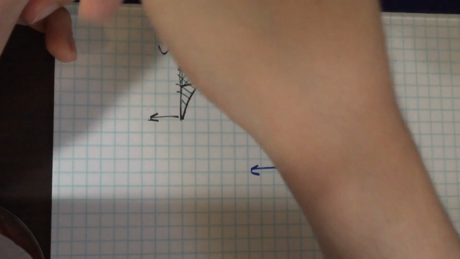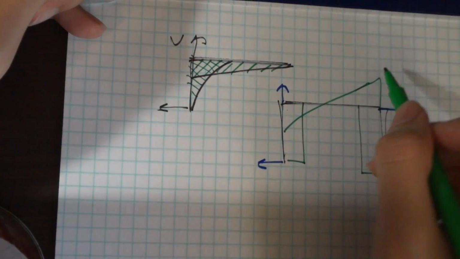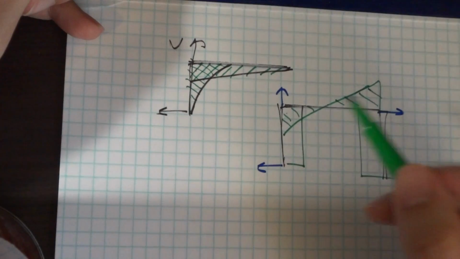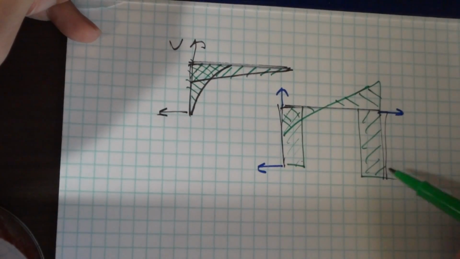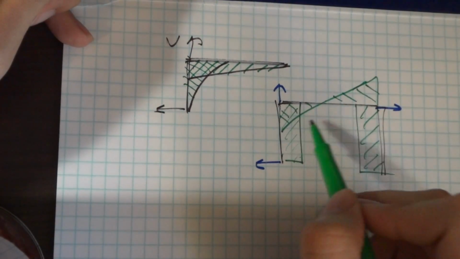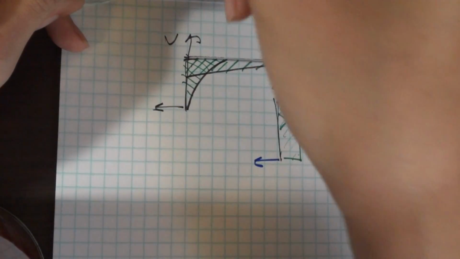I would again draw my hashes going, for example, this way, and my hashes going this way. So you can see I can tell I have some overlap here, but I can still read my graphs because I have the hashes going in different directions.